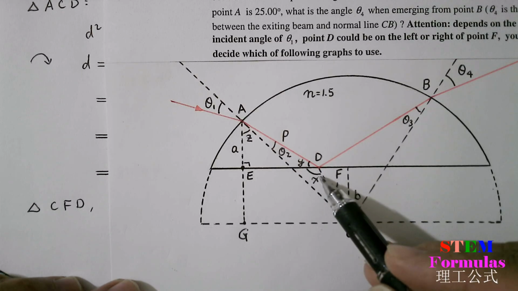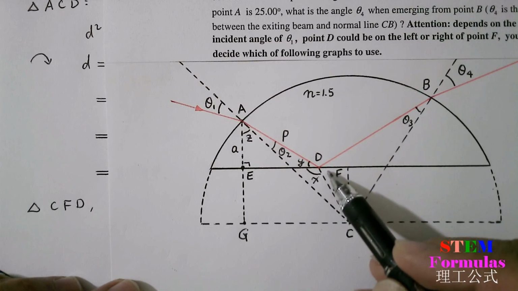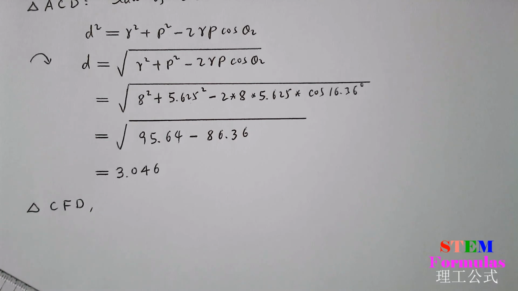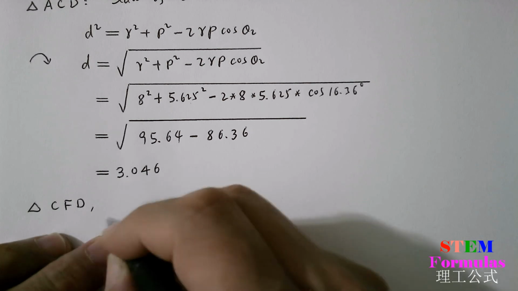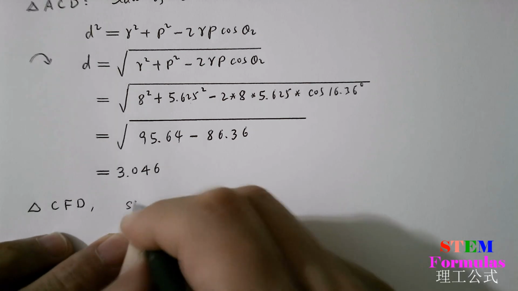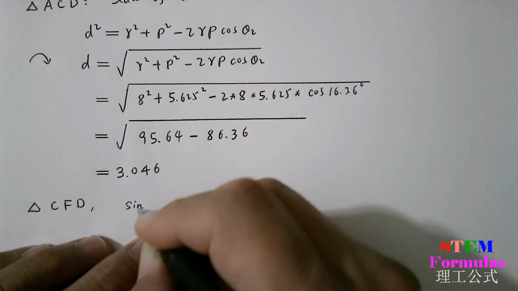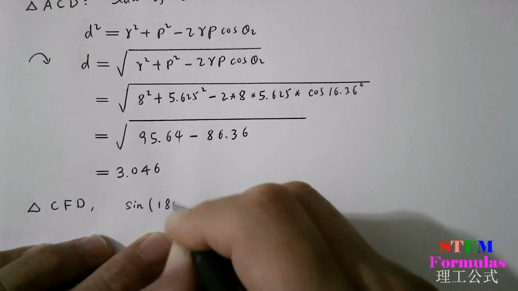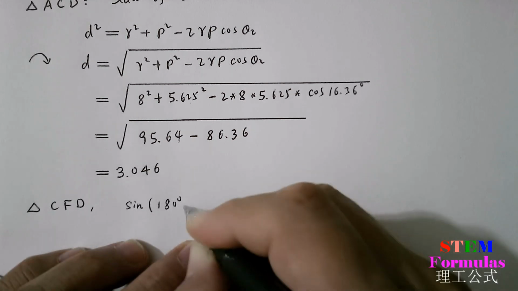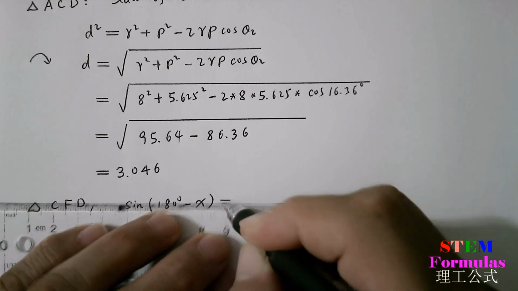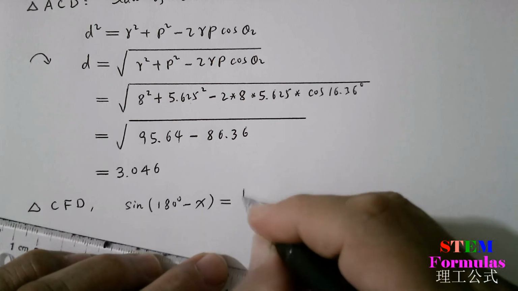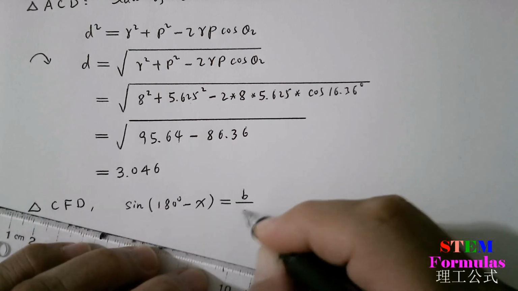This angle is x, and this angle is 180 degrees minus x. So what I have here is sine of 180 degrees minus x equal b divided by d.